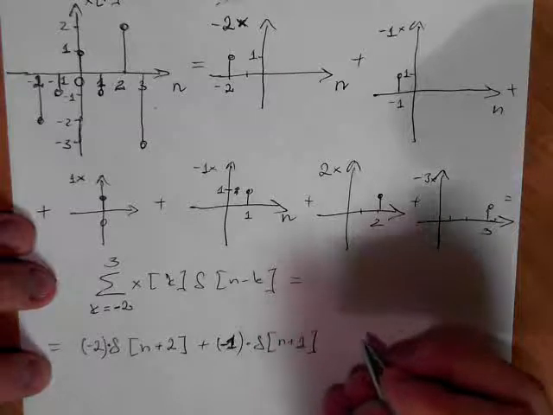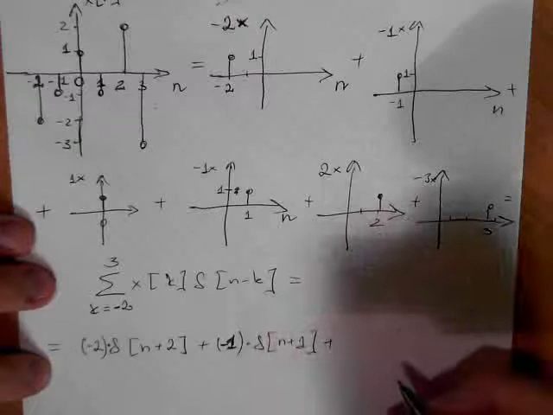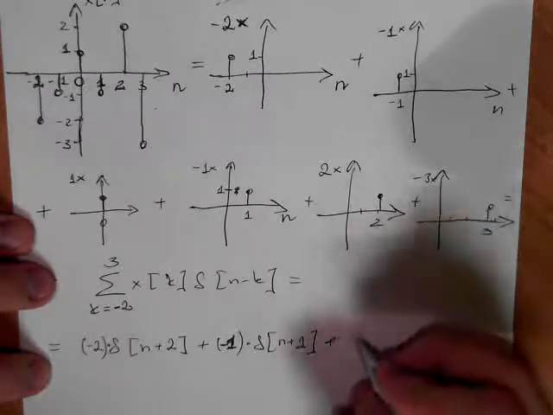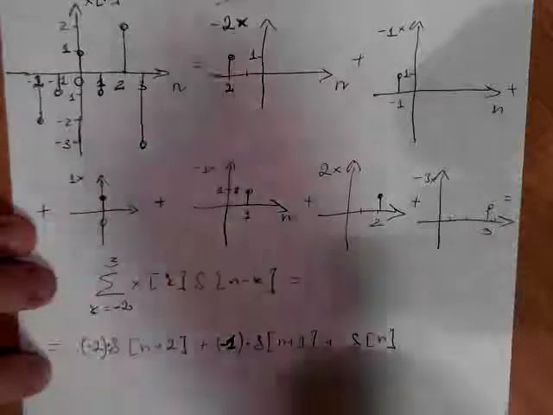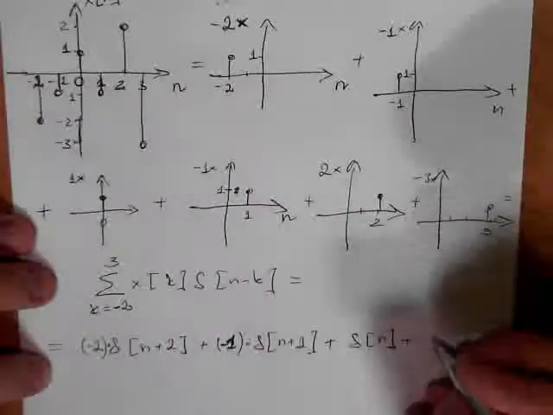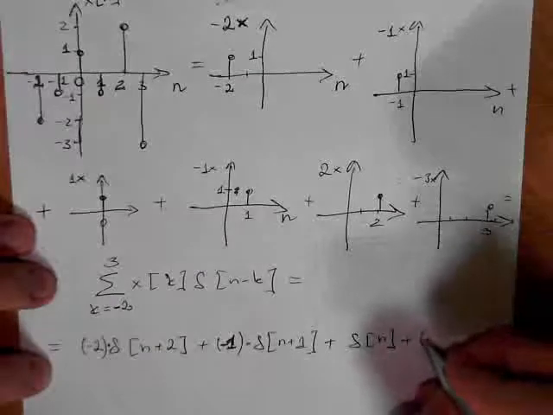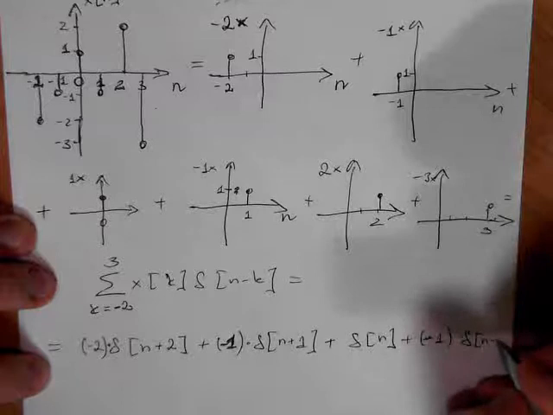Now plus delta function itself, it is here, plus this one. So this one is minus 1 multiplied by delta function minus 1.